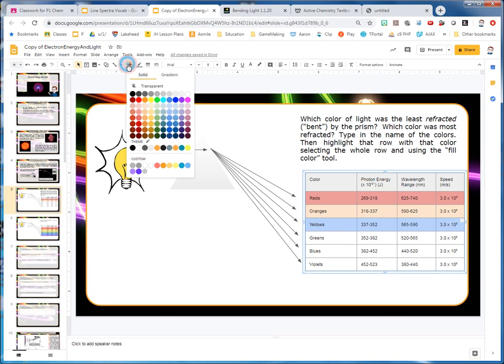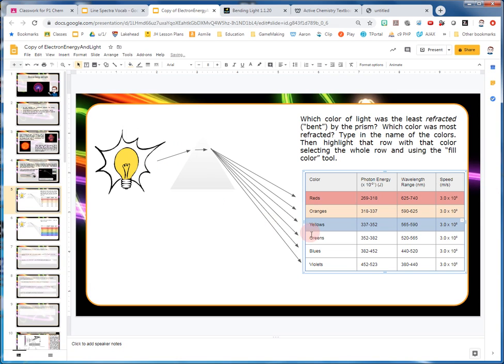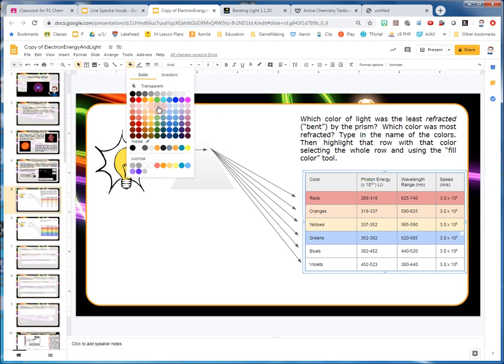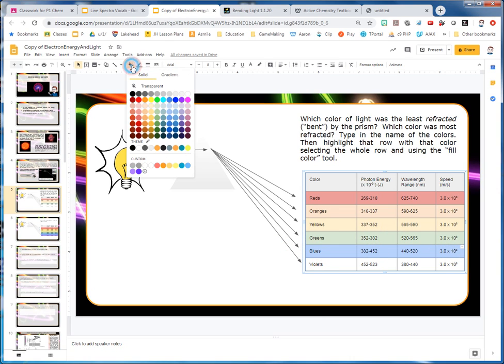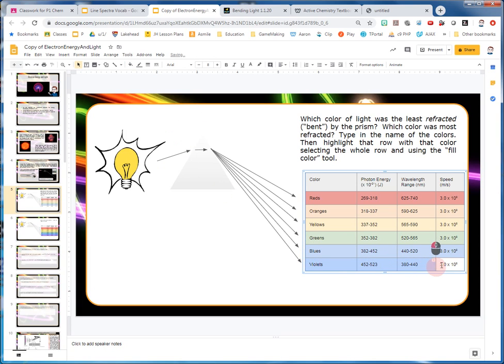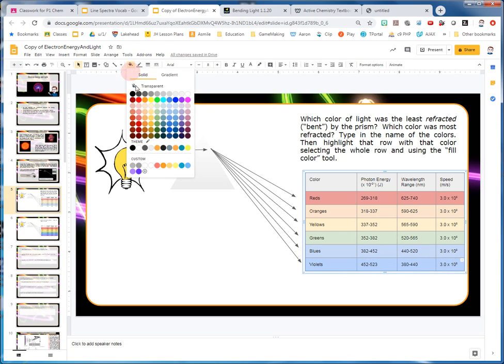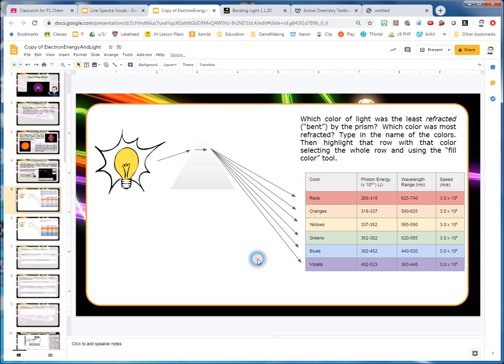Coloring on the computer is not quite as fun as coloring in real life, huh? Alright, red, orange, yellow, green, blue, violet.